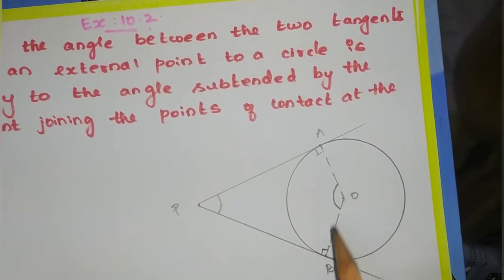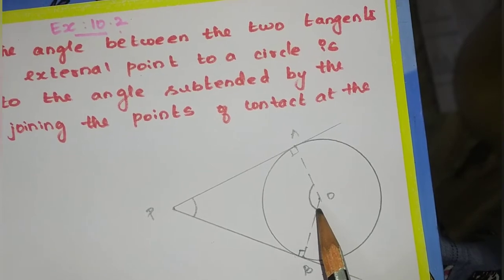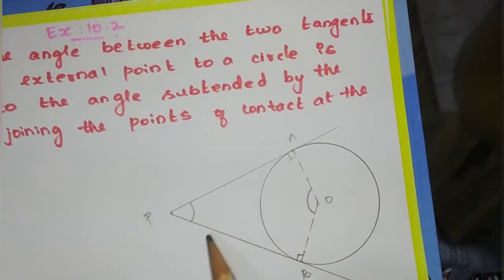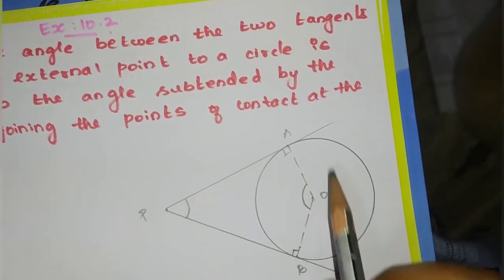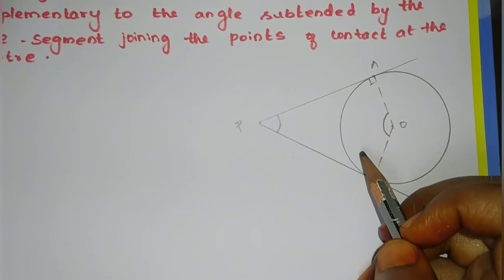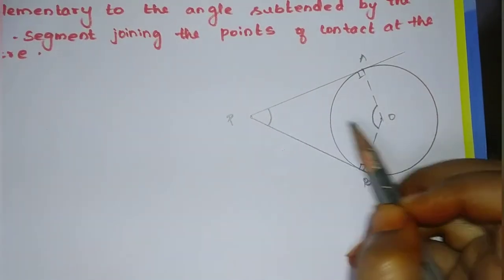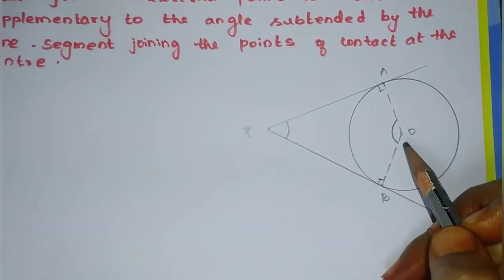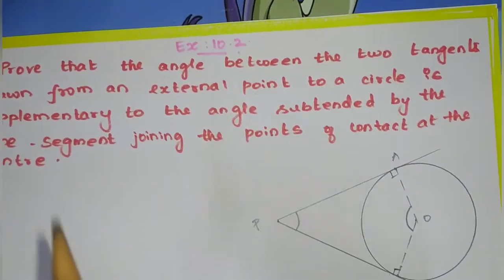If you add these two, you are getting 180 degree. Obviously, if you add the other two, what will you get? It is 180 only, no? Supplementary, because the sum of the angles of the quadrilateral will be 360 degree. If this is 180 degree, then obviously the other two will also give 180 degree. So that only you have to prove.